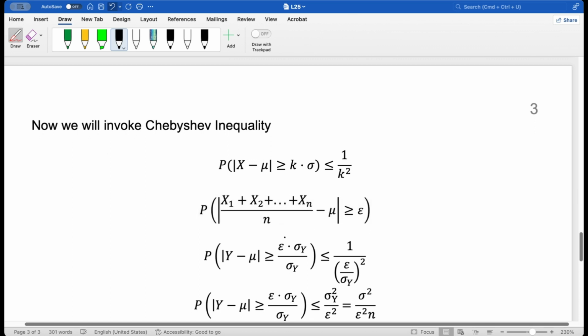So this expression here is our coefficient of the standard deviation. So that's our k. And then it gets in the denominator squared on the other side here. So that's where we get less than or equal to 1 over quantity epsilon over sigma y squared.